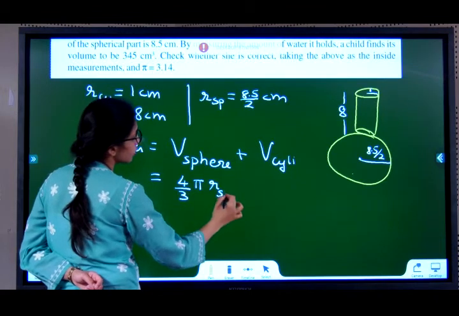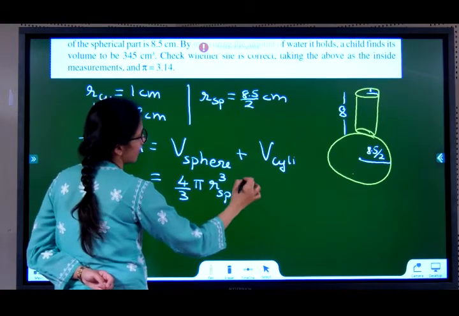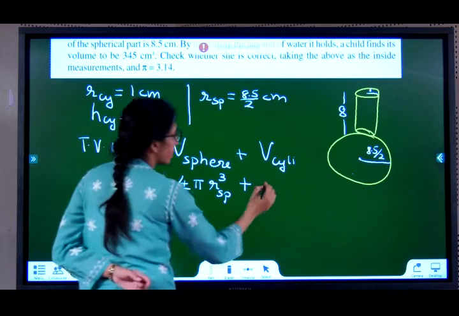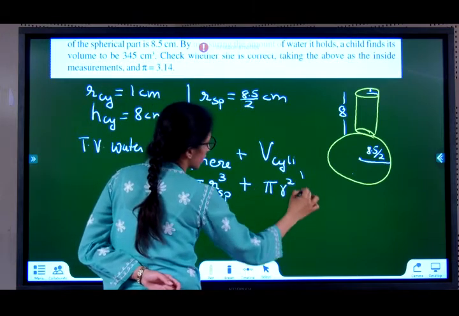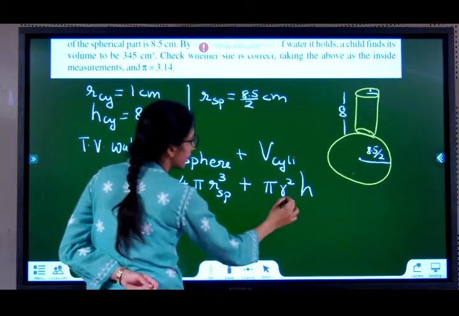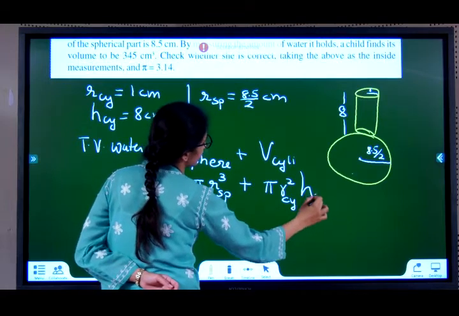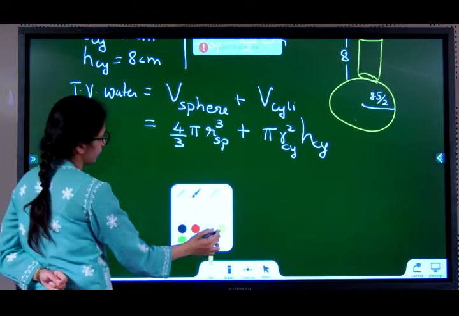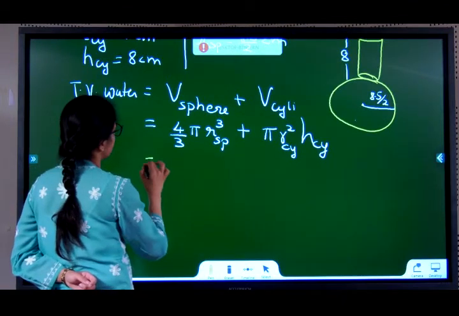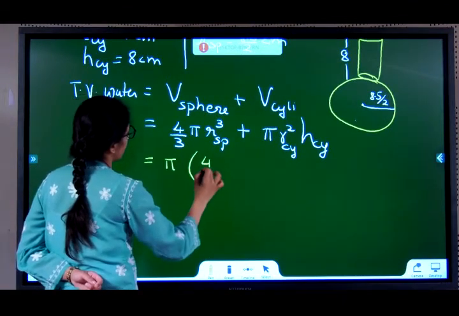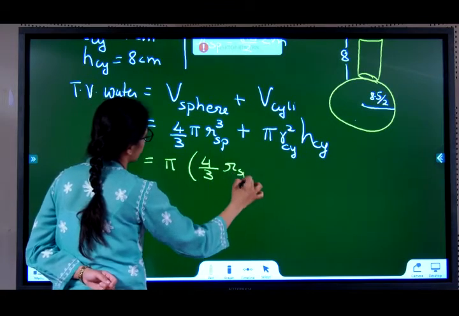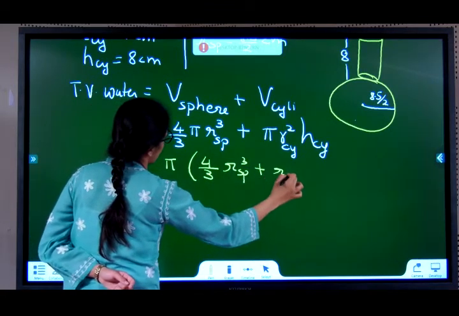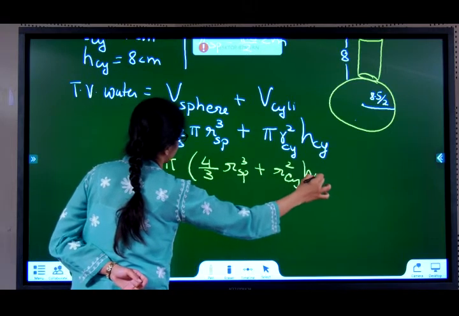Which r is this? Sphere's r. Plus volume of cylinder pi r square h. Which r is this? Cylinder's r. Which h is this? Cylinder's h. Substitute. You can take pi common. So you get 4 by 3 r sphere cube plus r cylinder square h cylinder.